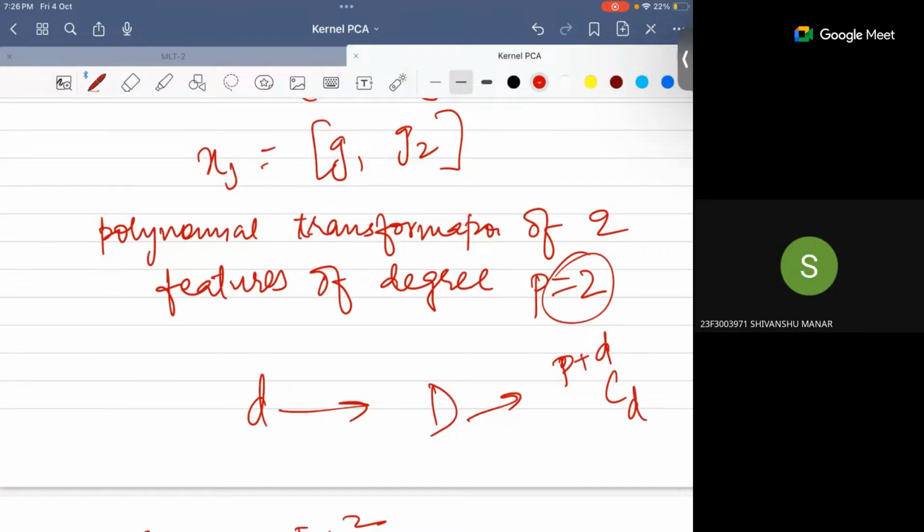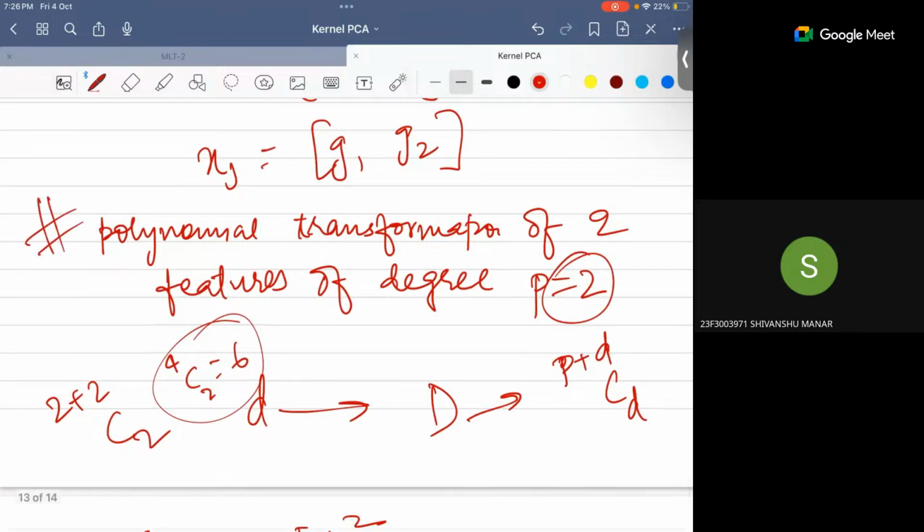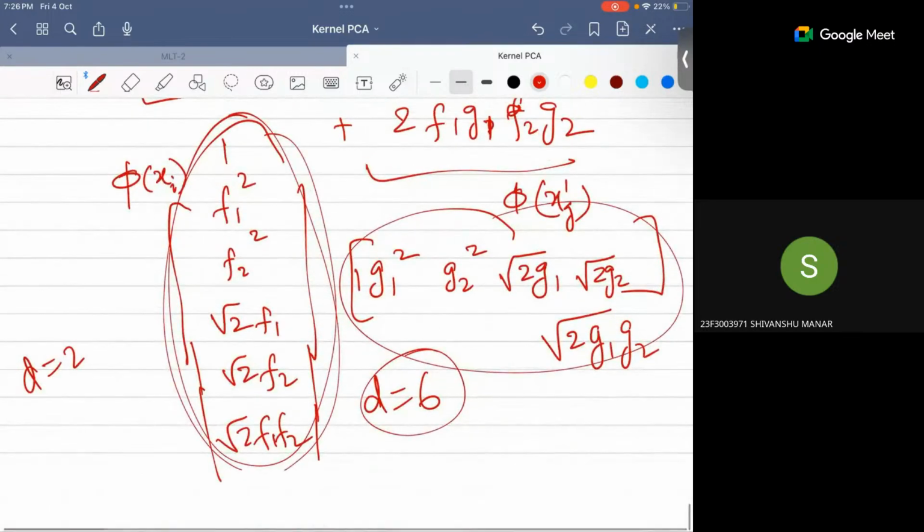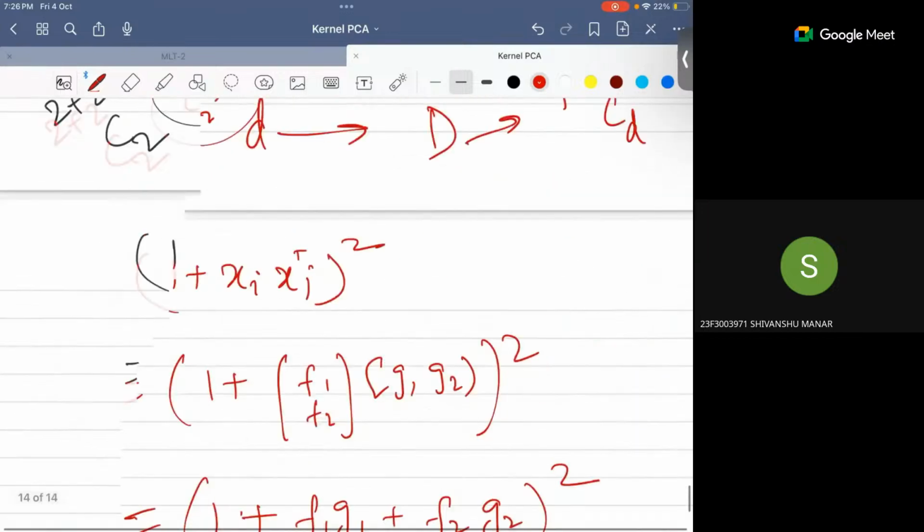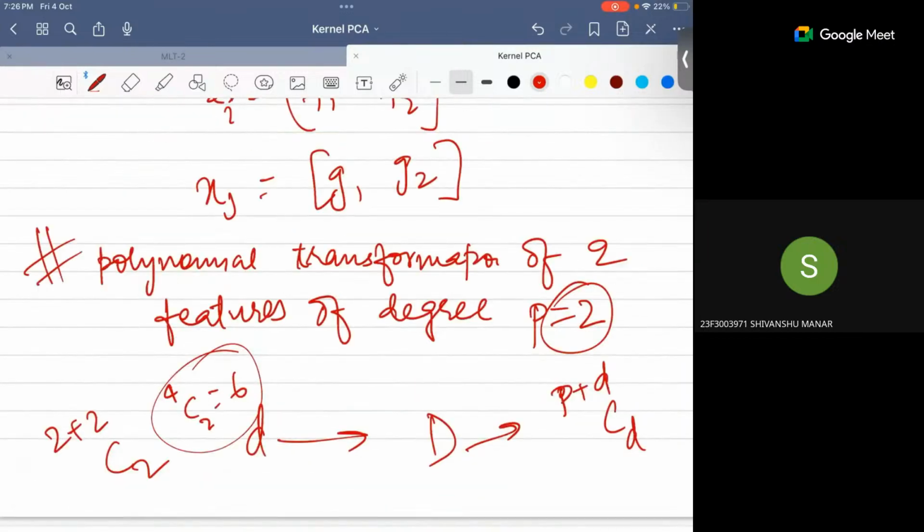If you check, this is 2 plus 2 choose 2, so that is 4 choose 2, that is 6, right? So if you take the help of this polynomial transformation of degree 2, you go directly to some 6 dimension, even though you could use that mapping directly.